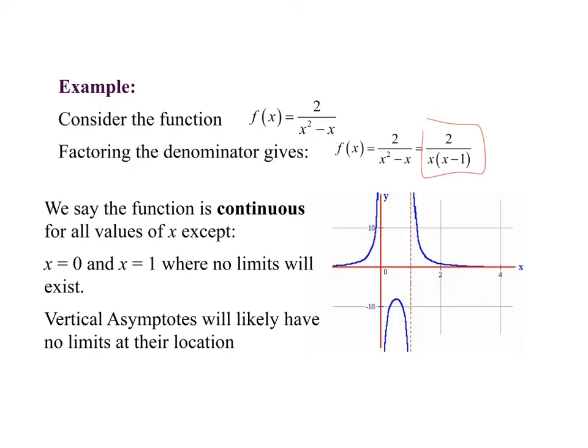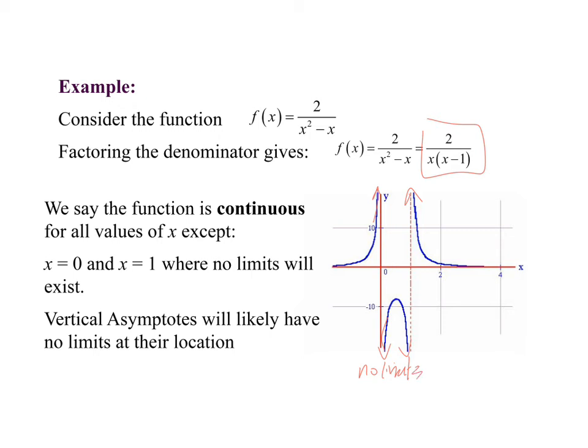And if we look at it from a left and right hand point of view, as x approaches 0 on the left, it's approaching positive infinity. On the right, it's approaching negative infinity. So that one has no limit. And the same thing for the other one. From the left, it's negative infinity. From the right, it's positive infinity. Also, no limit.